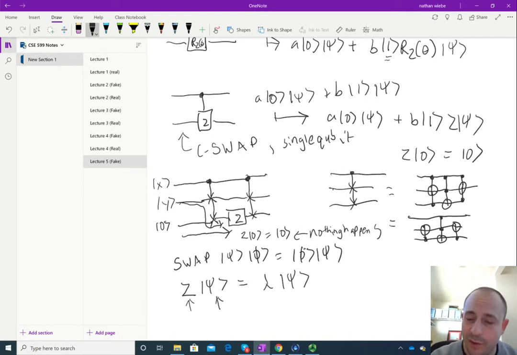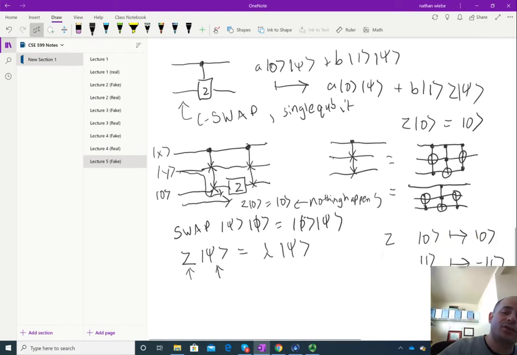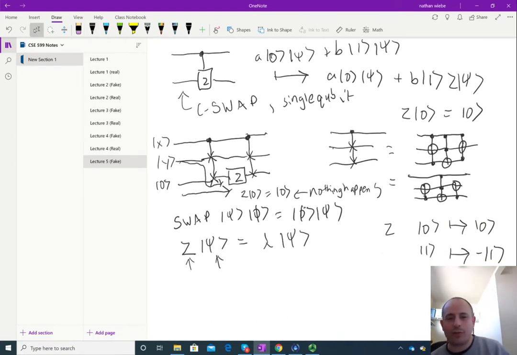So in this case, the eigenvectors of Z are actually just |0> and |1>, because these map to |0> and minus |1>, respectively. Okay? So we can take advantage of the fact that we know what the eigenvectors are in order to really dramatically simplify our reasoning for these sorts of things, and also simplify our control.